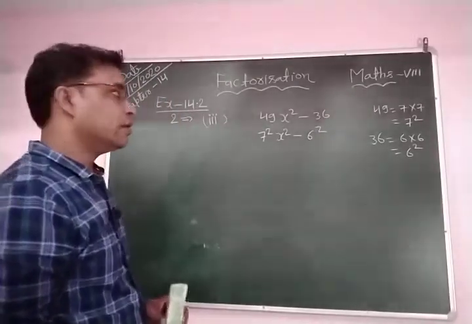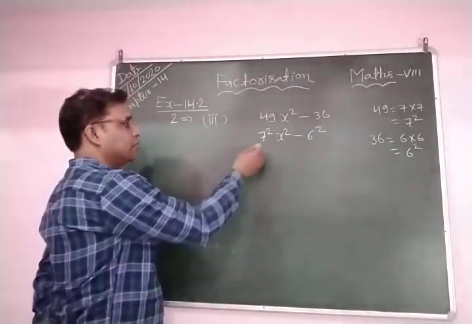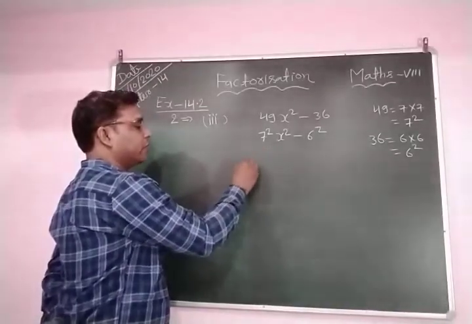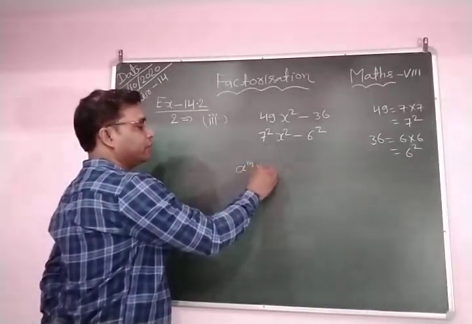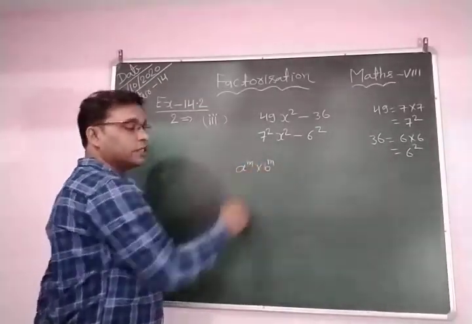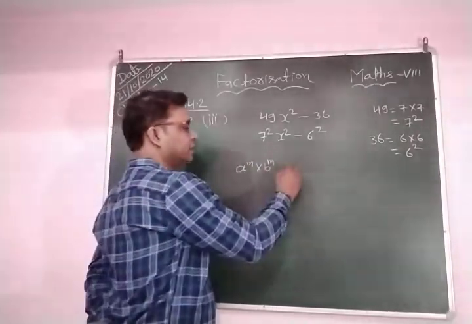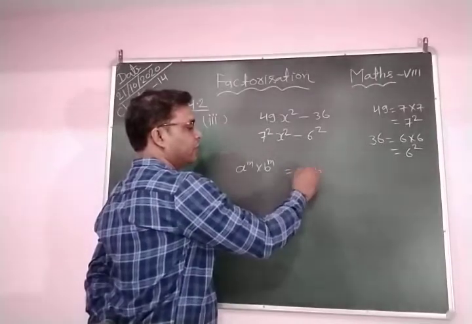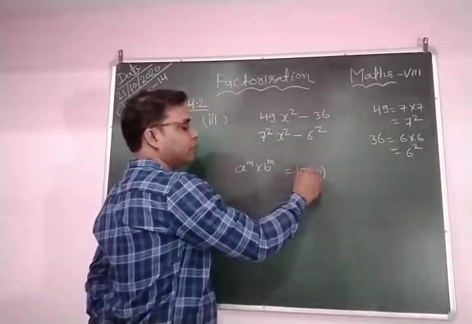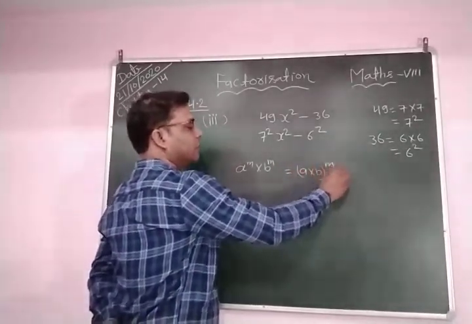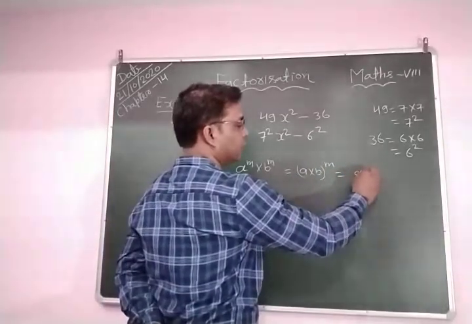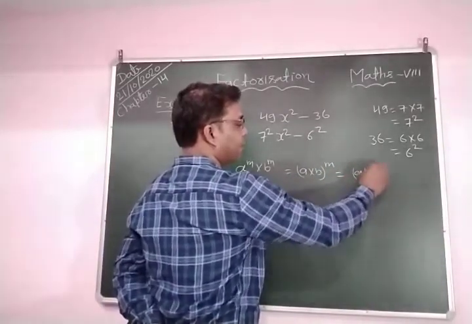Now you can see here this is a form like a to the power m into b to the power m. Here you can see bases are different but powers are same. Then you can write it like this: (a into b) whole power m.